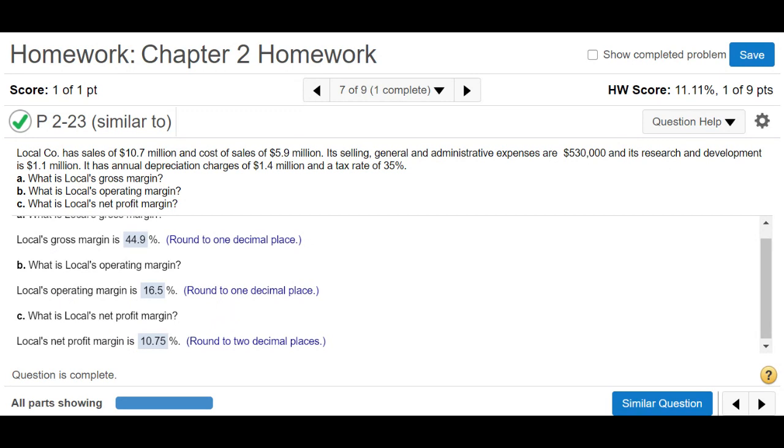Then the number that you got from the 4.8 minus 530,000 minus 1,100,000 and then 1,400,000, you say that number times 1 minus 0.35, and then you divide it by 10.7 to get this number.